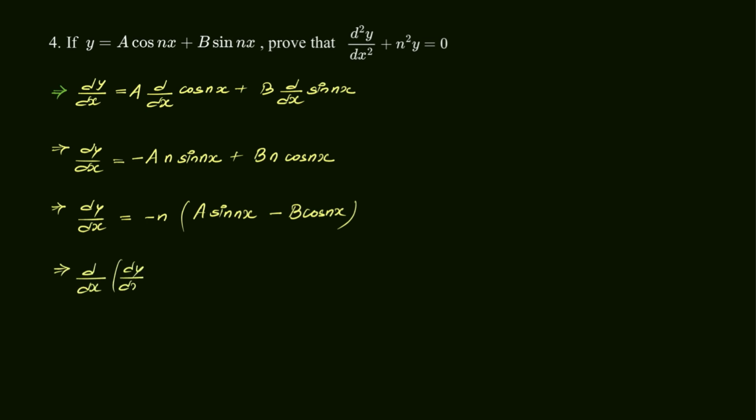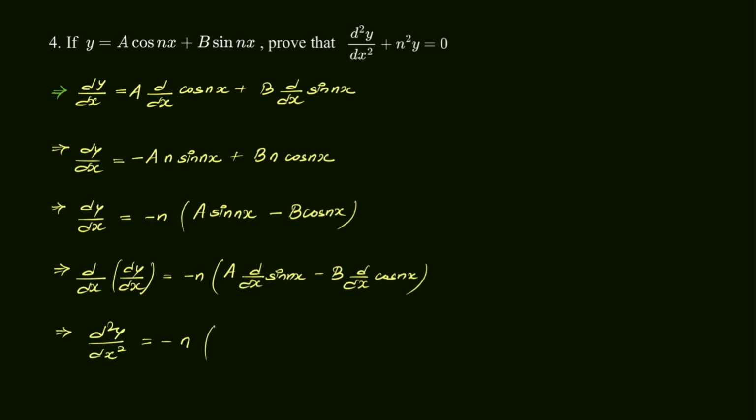Then we will have d/dx of dy over dx equals minus n times a into d/dx of sin nx minus b into d/dx of cos nx. So this implies d2y by dx2 equals minus n, and differentiating sin nx again we get n cos nx, minus b times d/dx of cos nx, which is minus n, so that minus and minus will give plus n sin nx.